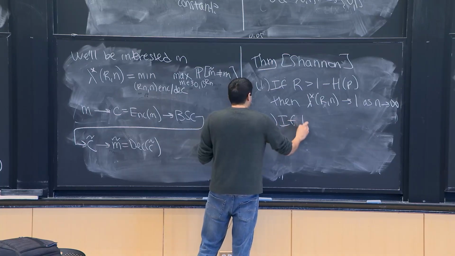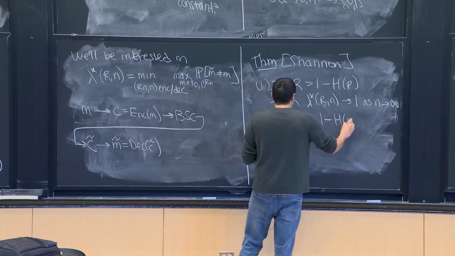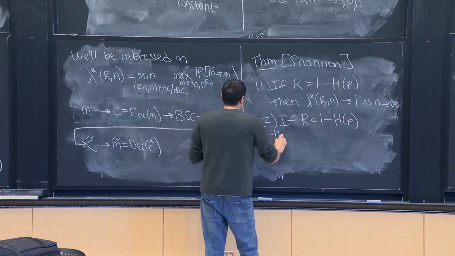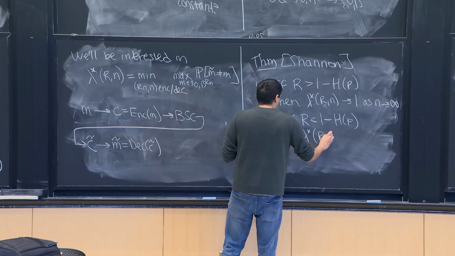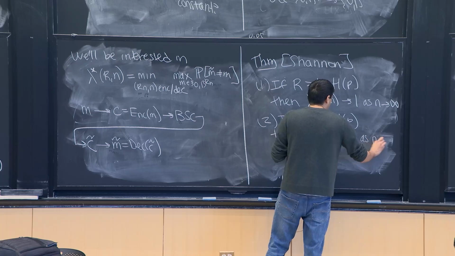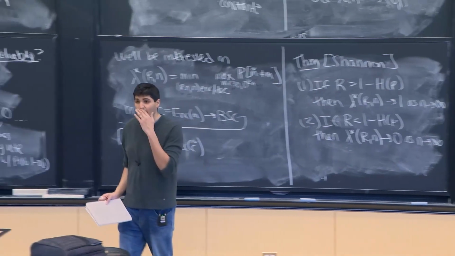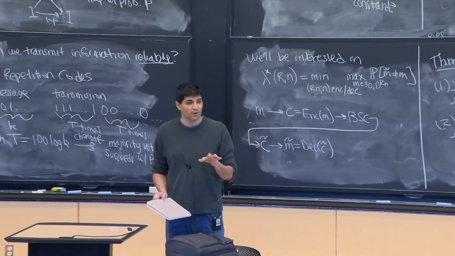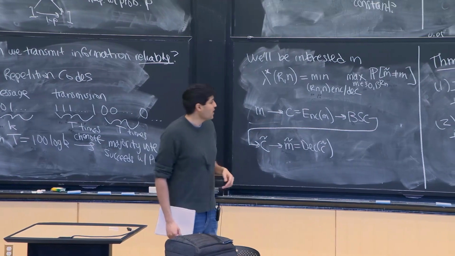So on the other side, if R is less than 1 minus entropy of p, then what I claim is that lambda star Rn is going to go to 0 as n goes to infinity. So let's parse these things together, because to really unwrap what this theorem is stating, we have to go back to this min-max formulation.